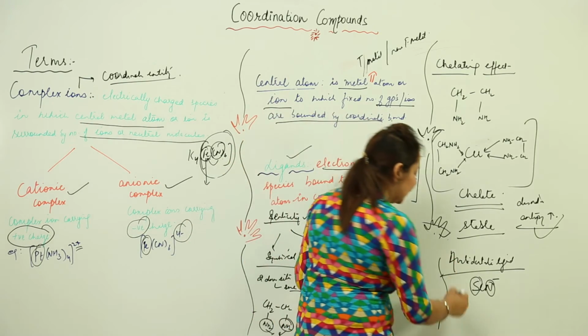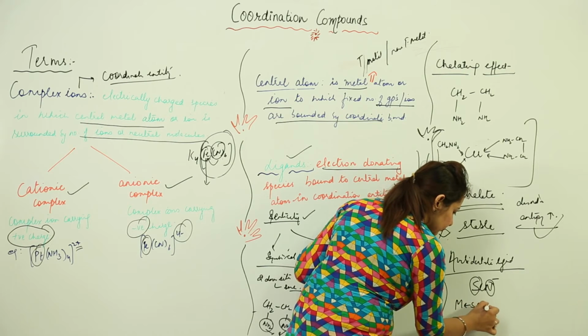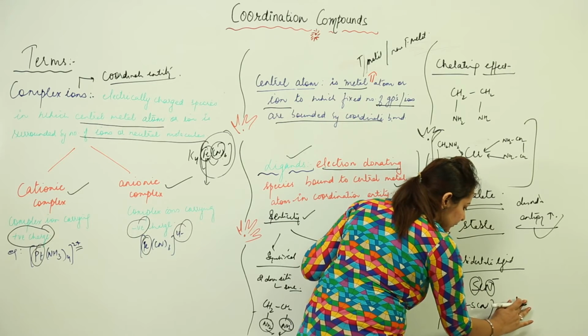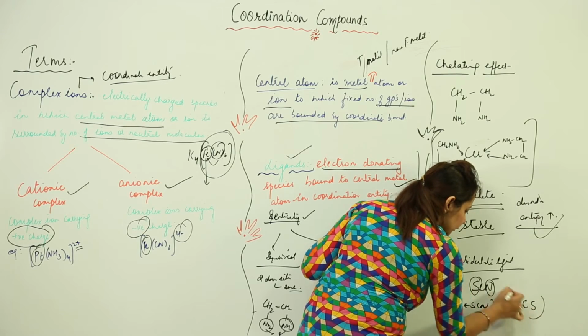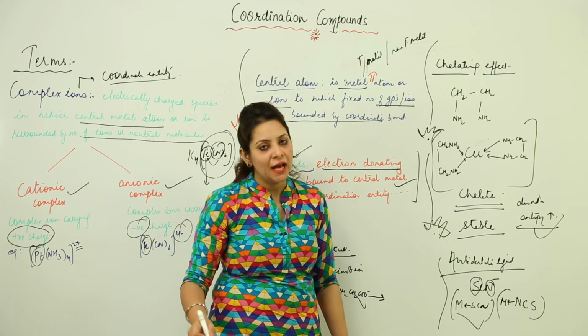So we can have the coordination this way also, and we can have the coordination this way also. So it can be linked by thiocyanate or it can be linked by isothiocyanate.